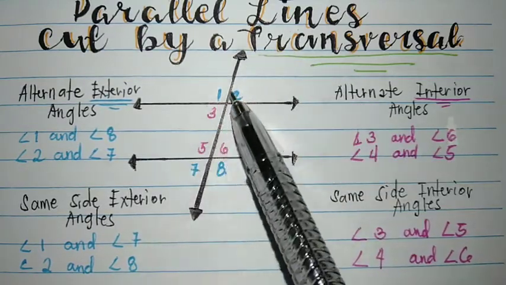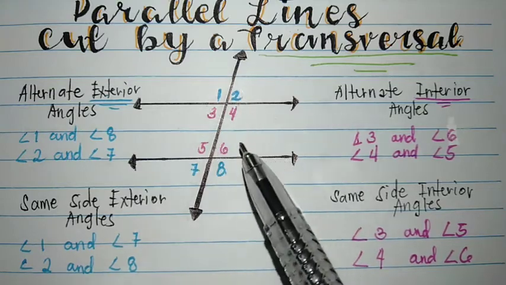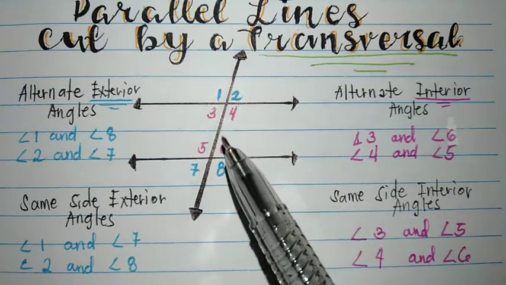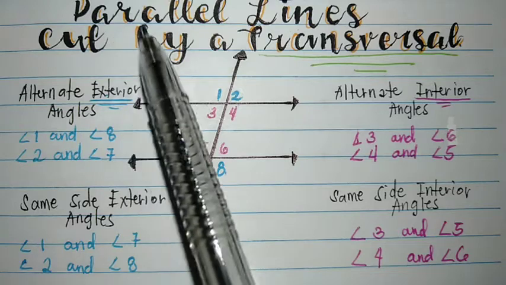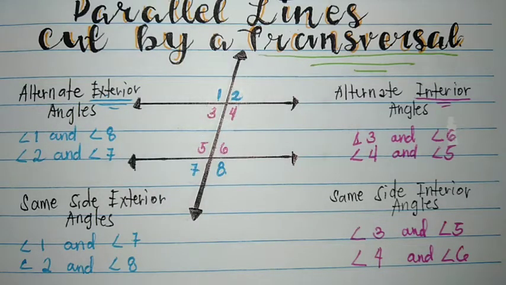We have 4 angles each, in total of 8 angles. Dito na papasok yung tinatawag nating exterior and interior angles. Ayan na yung pag-uusapan natin ngayon, all about those angles na na-formed using parallel lines cut by a transversal.